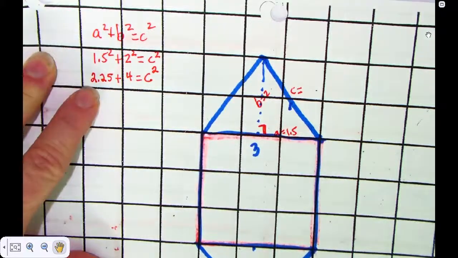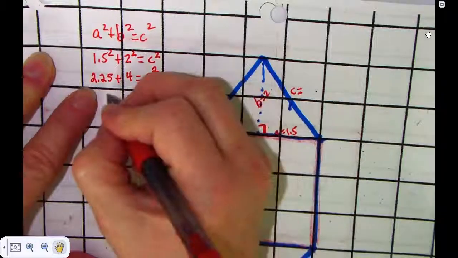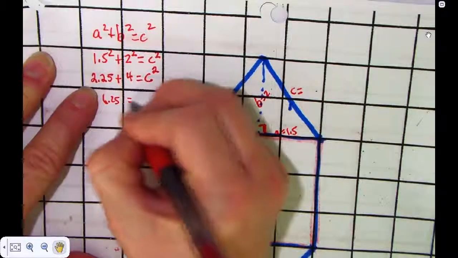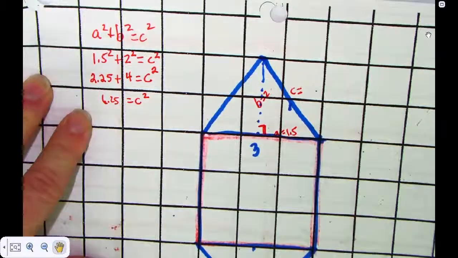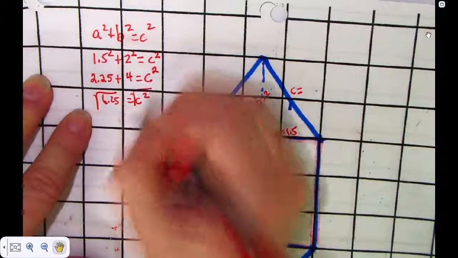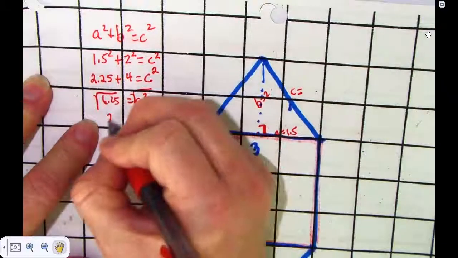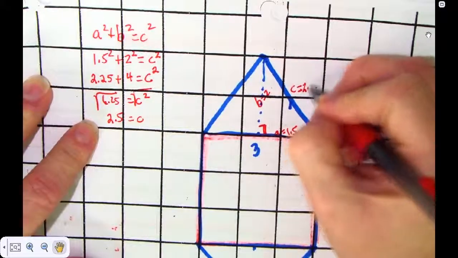You're going to add 2.25 plus 4 equals c squared. Now we're going to get the square root. Good. So this is 2.5.